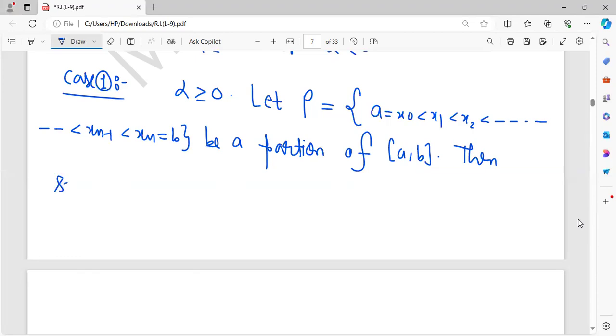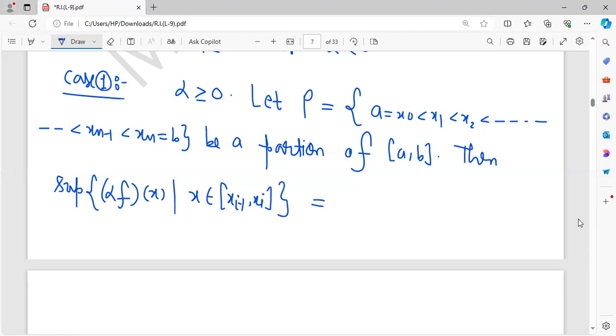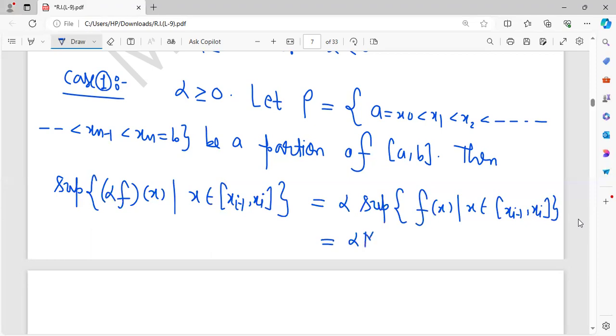Then the supremum of alpha f(x) such that x belongs to [x(i-1), x(i)] is nothing but, because alpha is non-negative, alpha times the supremum of f(x), x belongs to [x(i-1), x(i)]. So what is this? Alpha times capital Mi.